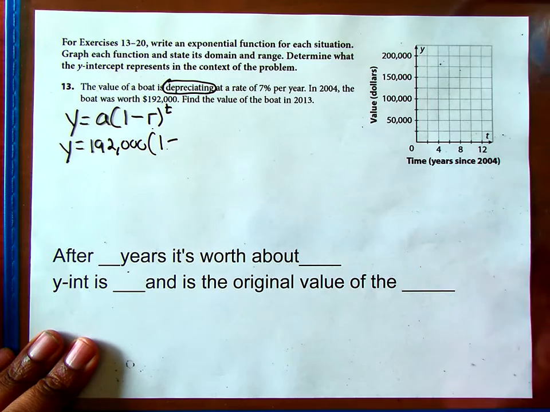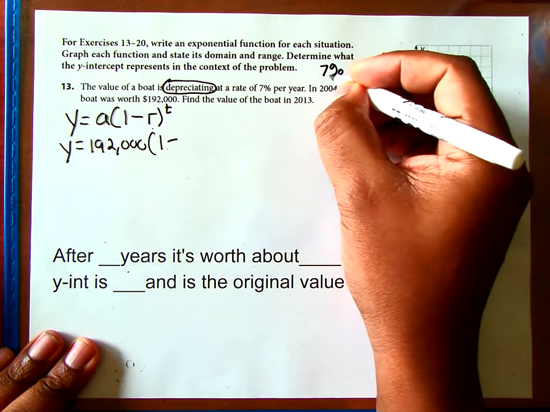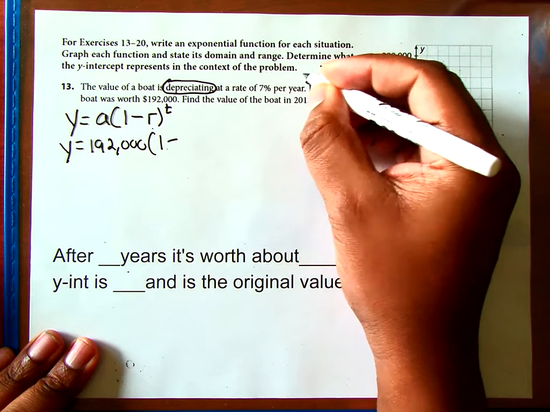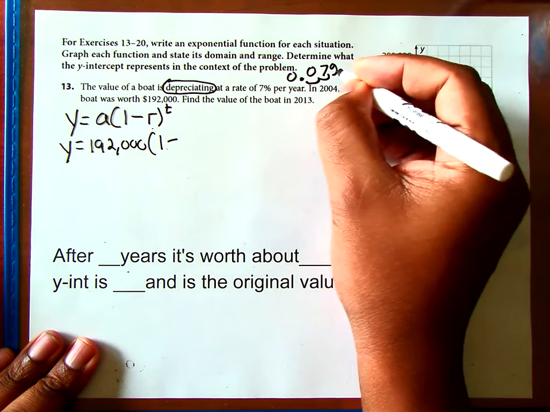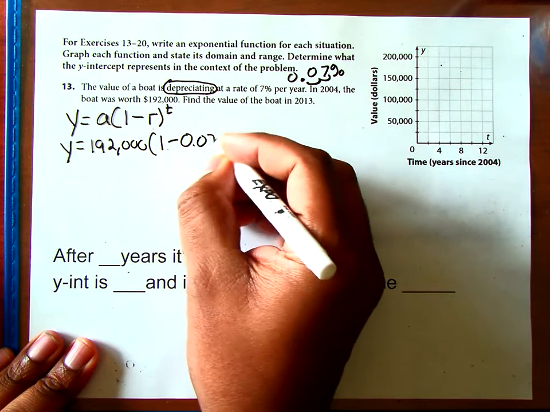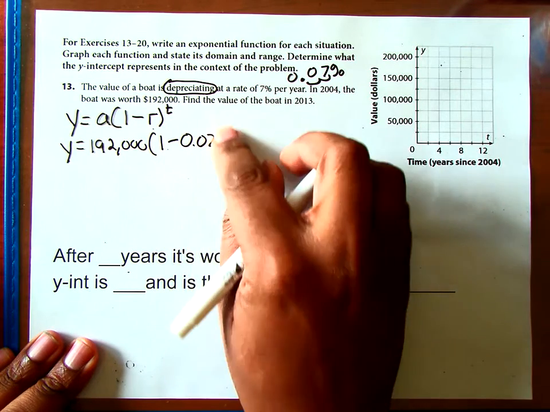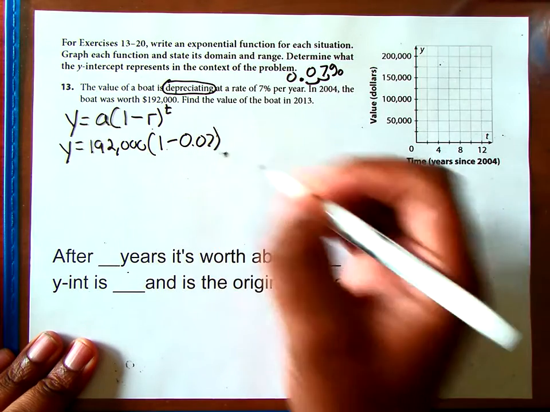So to do 7%, I'm going to take the 7% and move the decimal 2 places. So I have 0.07. So that's the rate, 0.07 without the percent now.